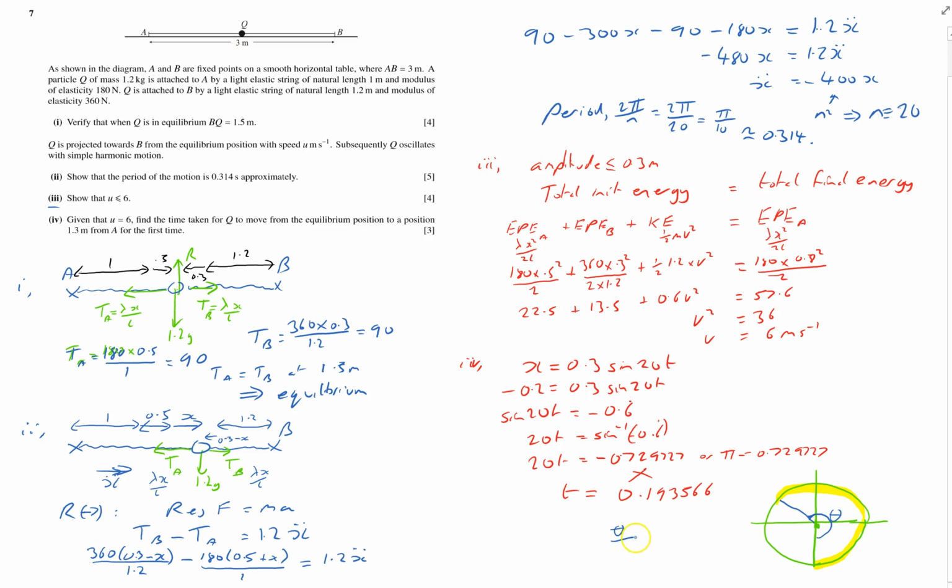So you will do theta over 2 pi, and that is the proportion of the whole revolution it goes, and so times that by the period, and the period we worked out earlier was 0.314, and that will give the same answer if you wanted to do it that way, but that's probably the easiest way here.